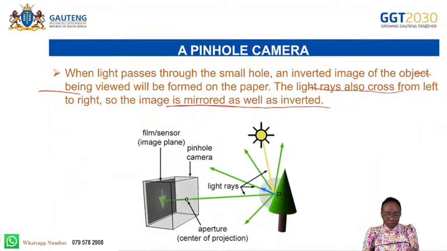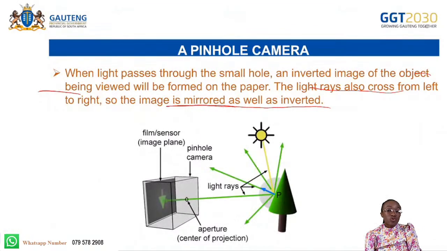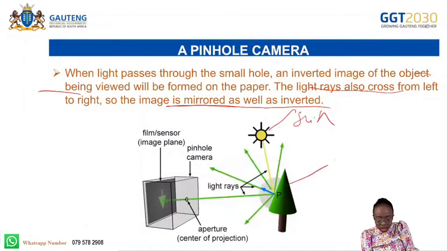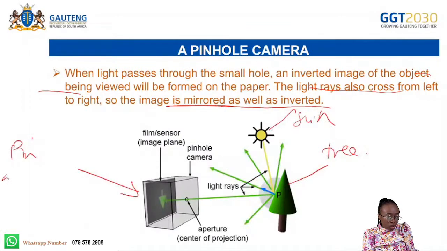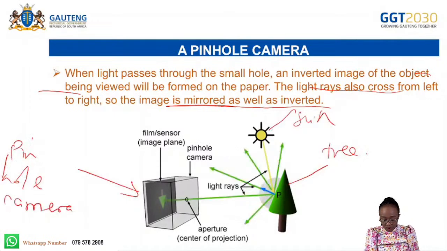So here is a pinhole camera and our object is a tree. What is our source of light here? Our source of light here is the sun, then we've got our tree, then we have our pinhole camera over here.